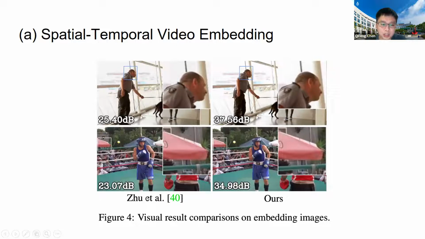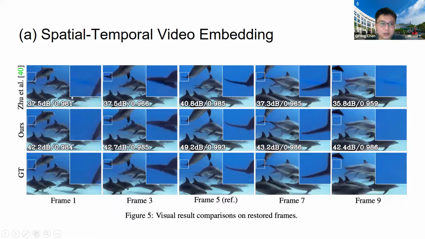Compared to Video Snapshot, where in the embedding image there are clear artifacts, some high frequency artifacts, in our result there are no such artifacts. Here are the reconstructed video frames.